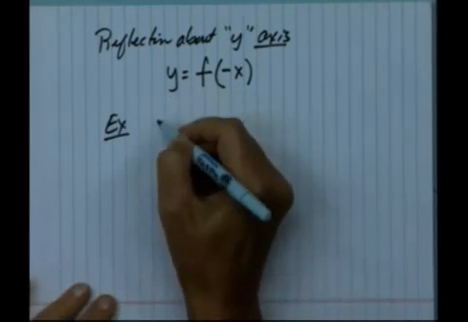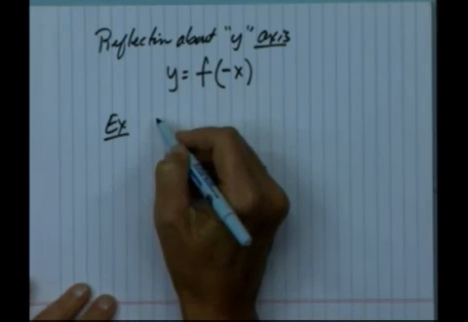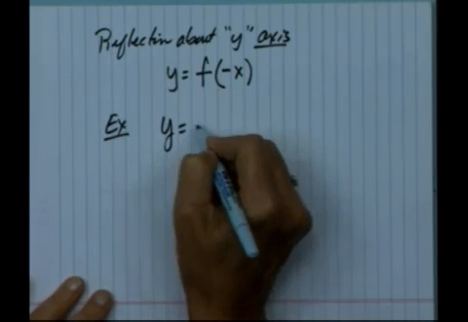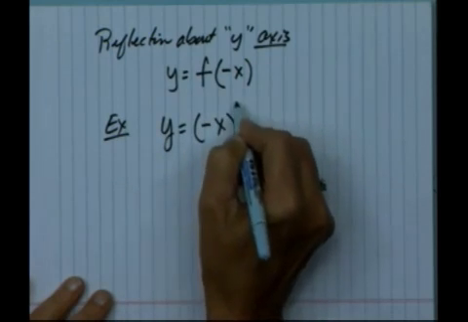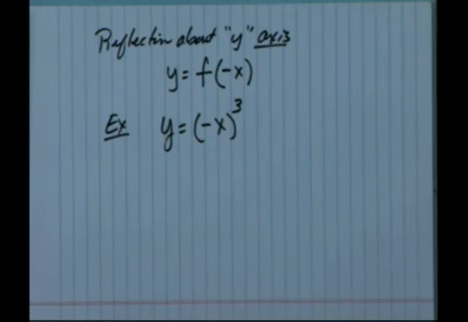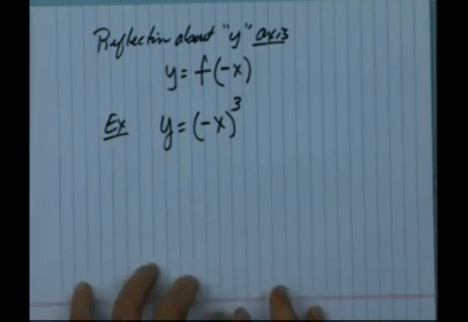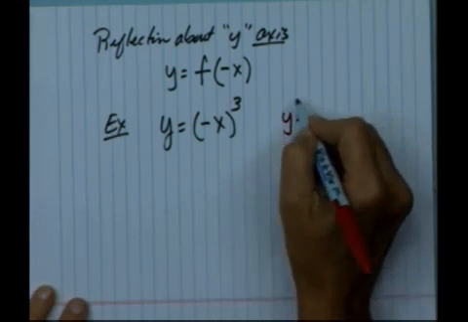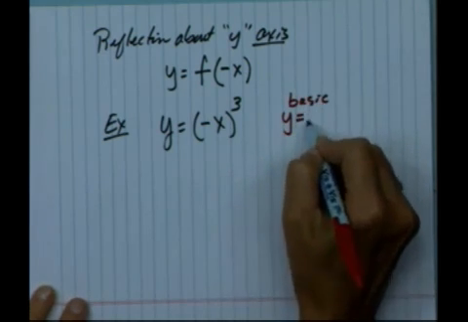Let's pick something that's going to be easy to see. Y equals minus x, but we're going to cube it. Y equals minus x, and then we're going to cube it. So our basic is going to be basic y equals x cubed.